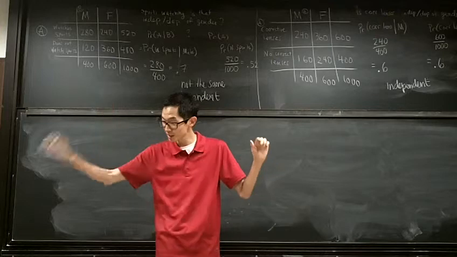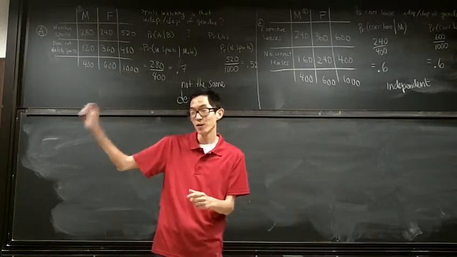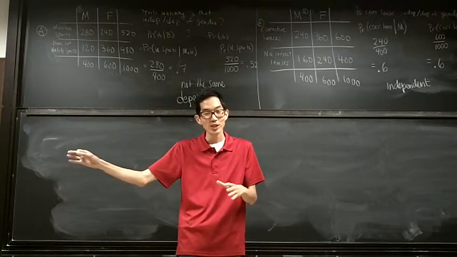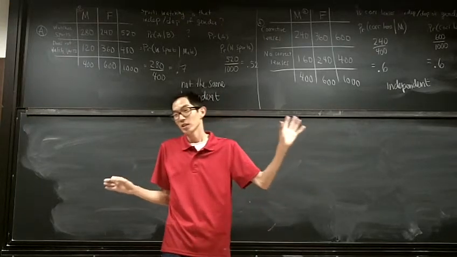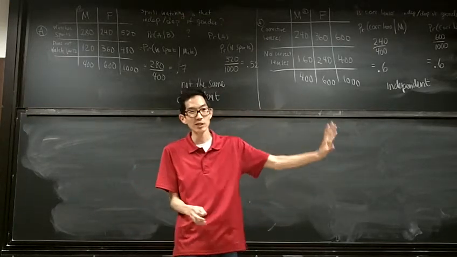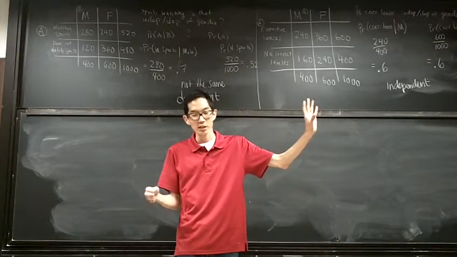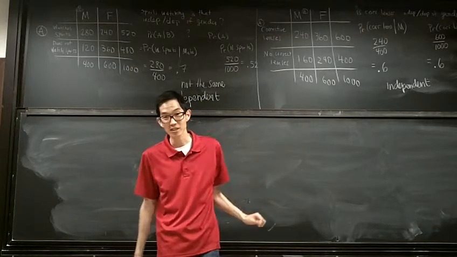If I pick someone at random and I know this person is male, that person at the same time cannot be female. Independent means the probability that this person is female has nothing to do with whether or not this person is male, but that's not the case.